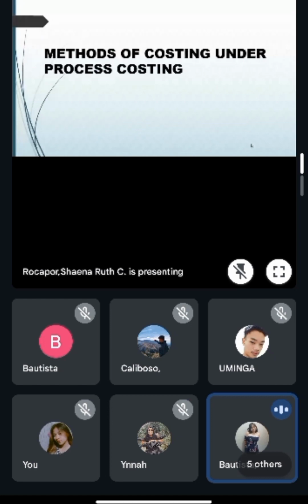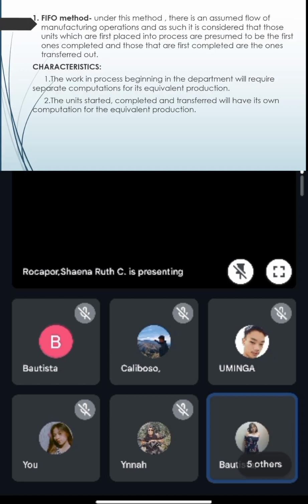So, I will discuss the definition of FIFO and average method. FIFO method, or what we call first in first out method, is one of the most commonly used methods to calculate the value of inventory and cost of goods sold during an accounting period.